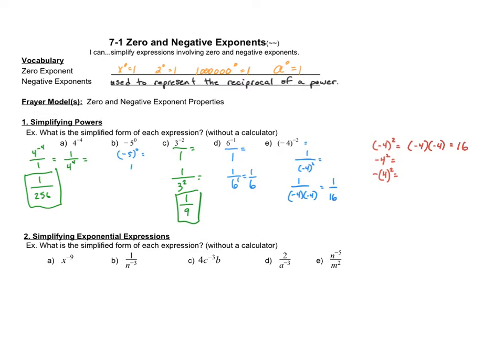But if we don't use parentheses, the calculator will process this portion of the equation as negative 1 times 4 squared. Well, in the order of operations, it's going to square that 4 first, which would give me a positive 16, and then a positive 16 times a negative 1 is going to give me negative 16.